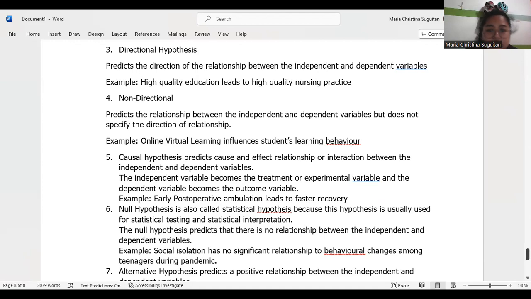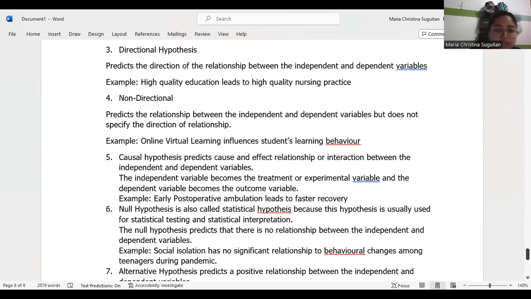Pag independent, there's experimental or treatment. Pag dependent, there's outcome variables. For example, early post-operative ambulation leads to faster recovery. Maaga masyado yung pag-experiment, pero na-predict niya na yung ambulation leads to faster recovery, sabi niya. And then how about null hypothesis?